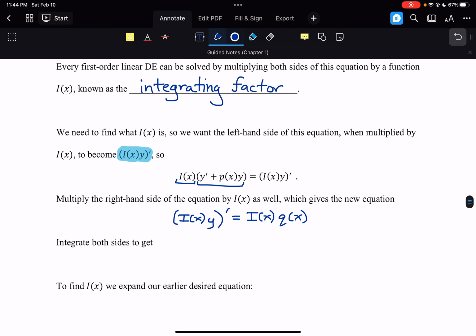If we integrate both sides of this, the left-hand side, the derivative and the integral would undo each other. And that's kind of the point, that's what we want to happen. So we would get I of x times y equals the integral of I of x times q of x dx.